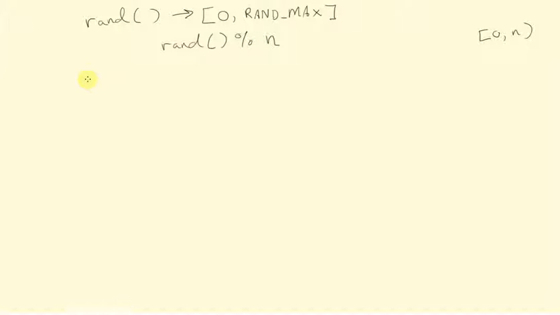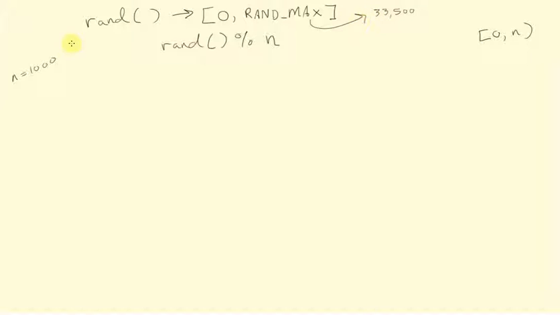So, of course, a good way to think about this is to visually show it and work with an example. So let's say n is 1,000 and rand max is 33,500.